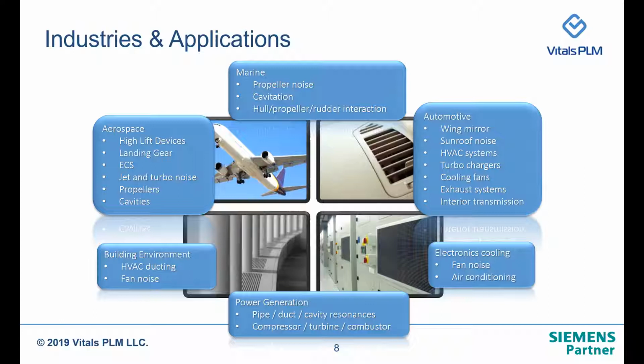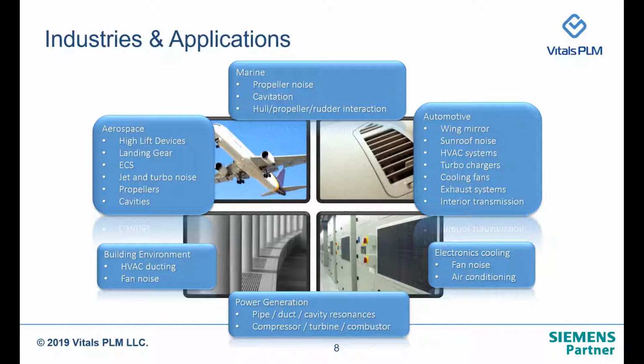And in the electronic cooling industry, again, the fan noise is something which needs to be addressed. And air conditioning systems also have ducts like HVAC systems in automotive, and there are a lot of noise sources that need to be addressed. In power generation, there are a lot of piping systems, ducts, and cavities.